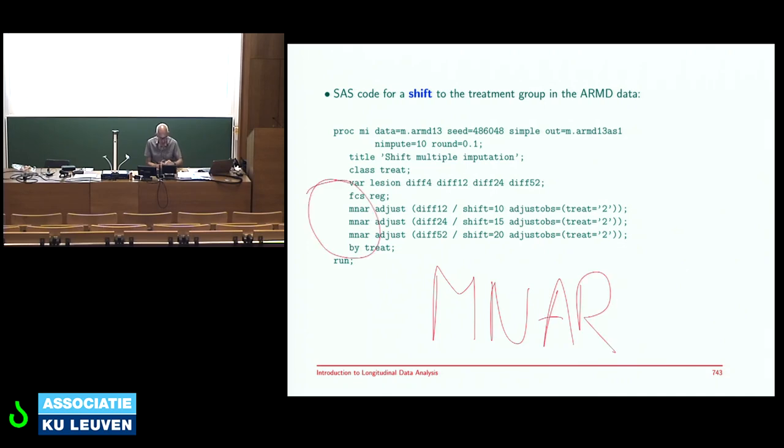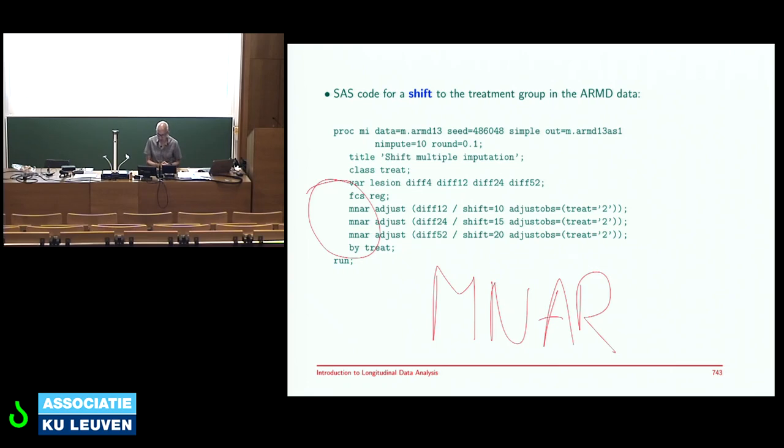So the MNAR statement is applying, for example, an adjustment, and you say, well, in the ARMD data set, the difference with baseline, that is, at 12 weeks, in treatment group 2, the active group, is following the base model plus a shift of 10. But at 24 weeks, then it's 15, and at 52, then it's 20. So you kind of add an increasing line to the already conducted imputations. You just shift them upwards.